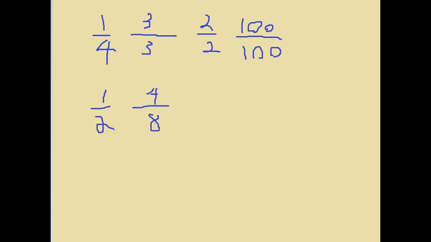In this case, the answer is yes. We know that 2 times 4 is 8. So you take that first fraction, you multiply it by 4, and since you're just multiplying it by 1, it's going to be 4 divided by 4, because 4 divided by 4 is equal to 1. And that gives us 4 out of 8.